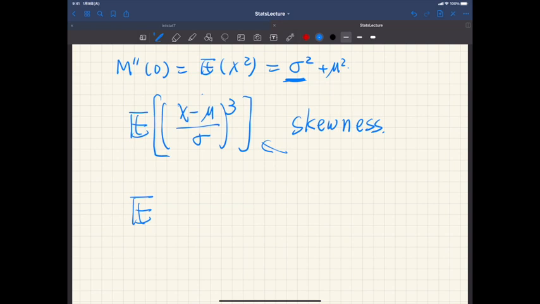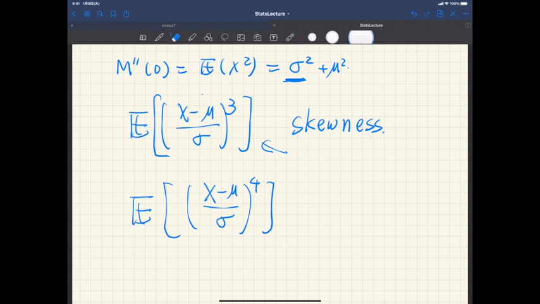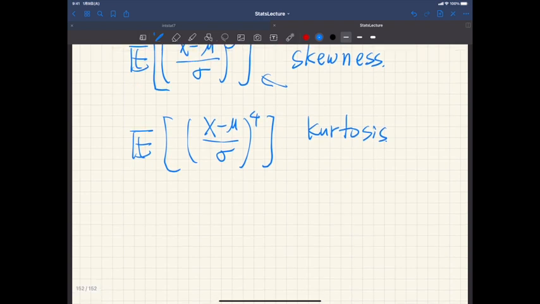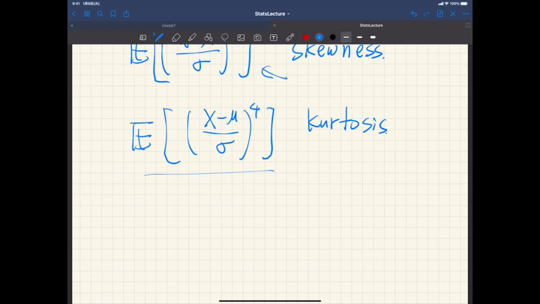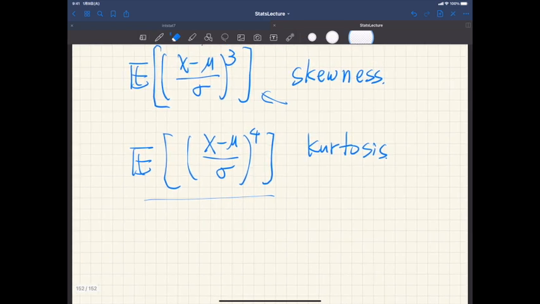And you should also try to calculate this quantity to the power of 4. This was called the kurtosis. What is the value of this? This is not 0 because the power is an even number, so it cannot be cancelled by the symmetry.